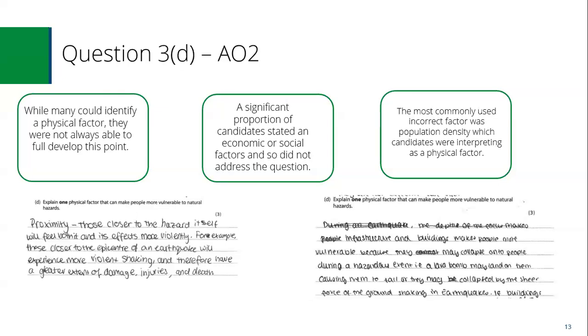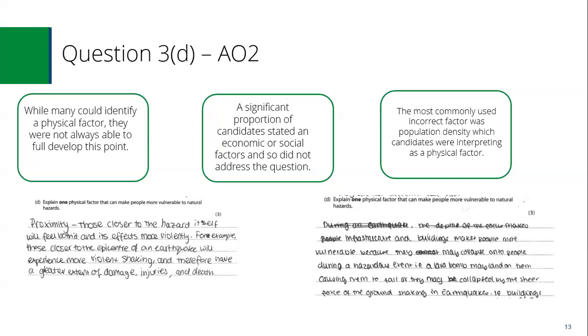A significant proportion of candidates stated an economic or social factor and did not address the question. The most commonly used incorrect factor was population density, which candidates were interpreting as a physical factor. And this is where, again, students make simplistic errors that really do cost them, and stopping that is, I think, for all of us, very difficult to do.